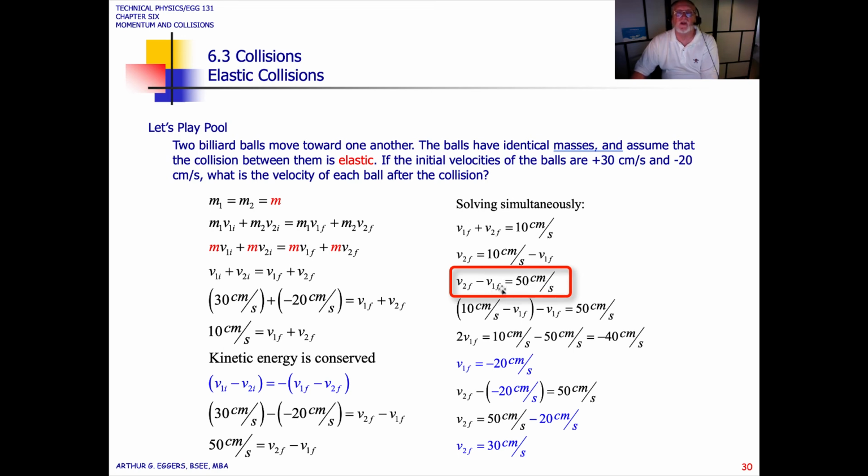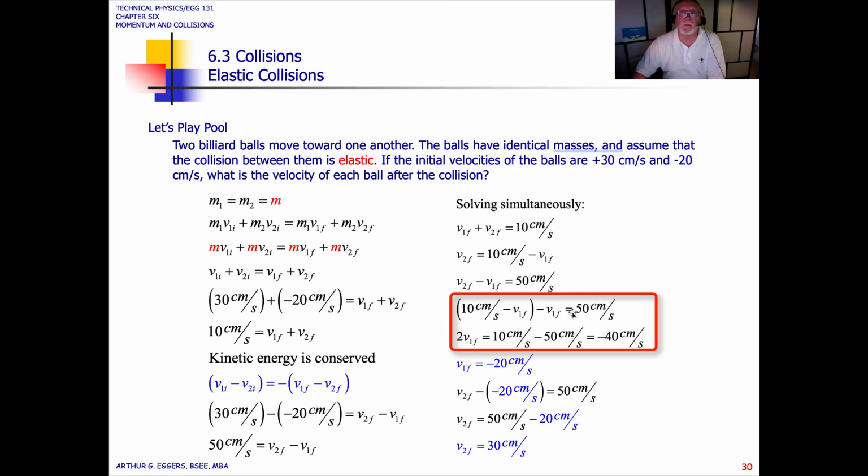Okay, so now I can substitute for velocity 2 final into this relationship. And you can see that's what I did right there. There it is. I plugged it in for velocity 2. And now I only have velocity 1 final as my unknown.